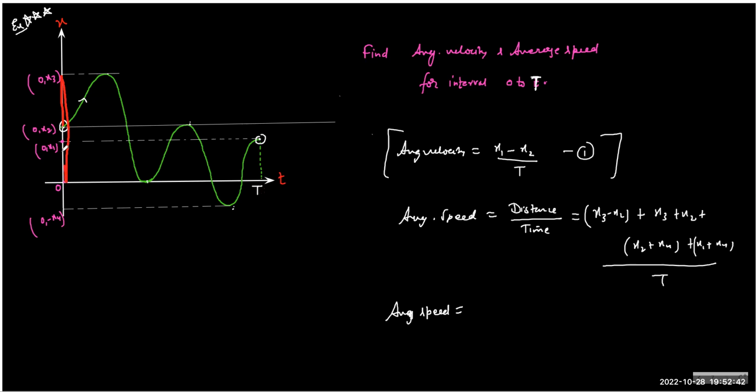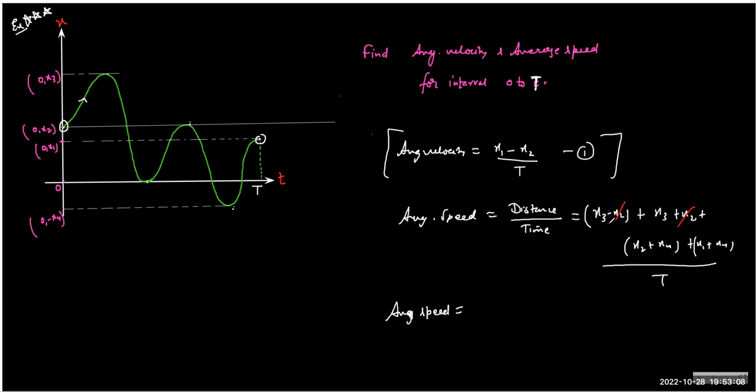Then you go here. X2. You come up to here. How much? X2 plus X4. Then you go till here. X1 plus X4. Yes, sir. The length of the path is called distance, right? It's not so easy. One of the X2 will cancel out.